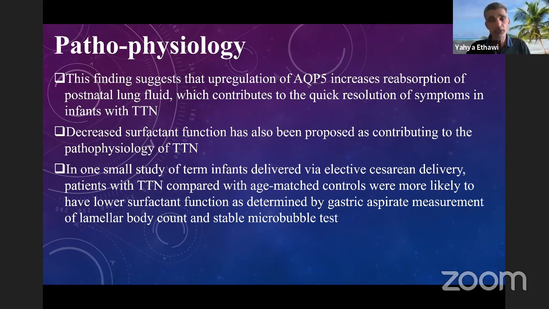So if we find a drug, for example, to upregulate this aquaporin, it would improve or treat TTN and probably contribute to RDS if the RDS is associated with some TTN. So this is a great area if somebody has access to an animal lab study and can do that.